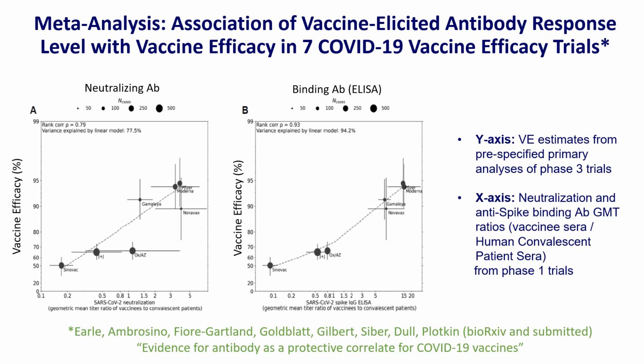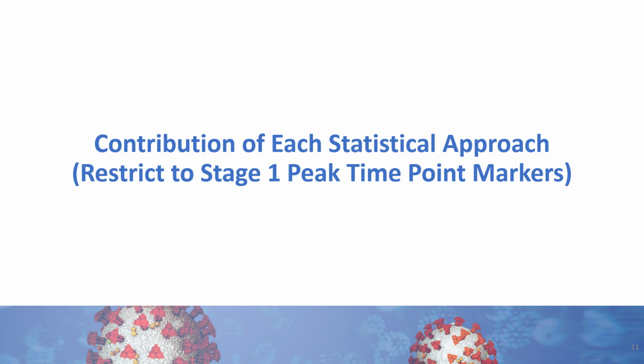So the x-axis here is using human convalescent sera within each trial as an internal control. And it's interesting that even with that caveat, we're able to see these pretty strong correlations, that vaccines that had a higher efficacy also had higher neutralizing titers or binding antibody levels. So this is promising, that when we're able to do the more formal correlates analyses, we'll likely find some correlates.